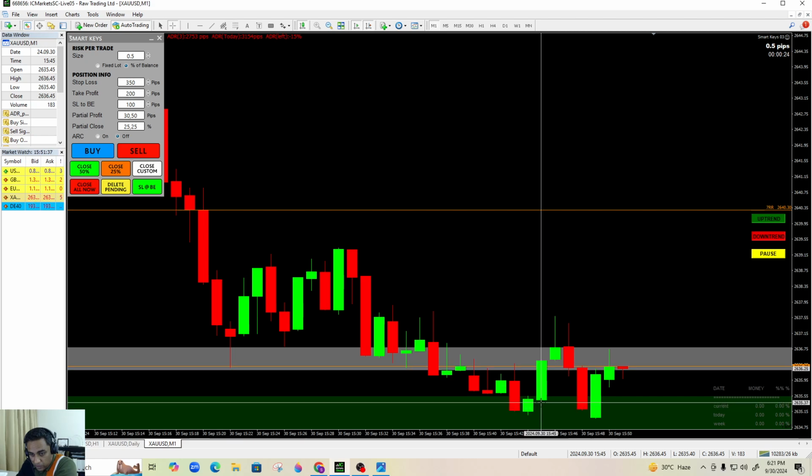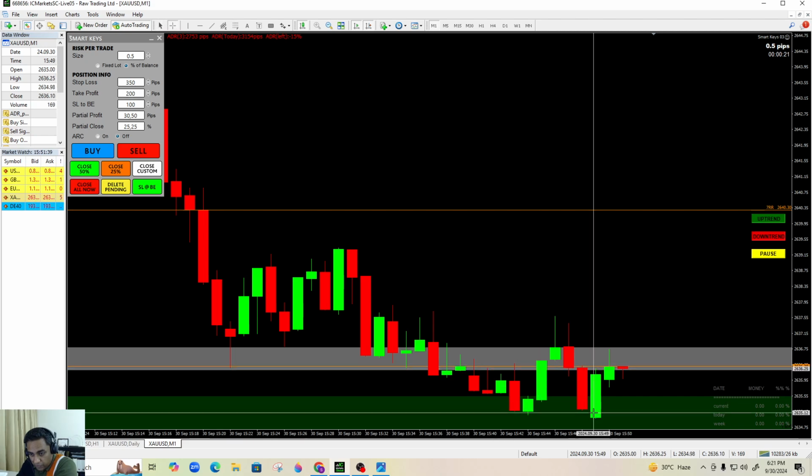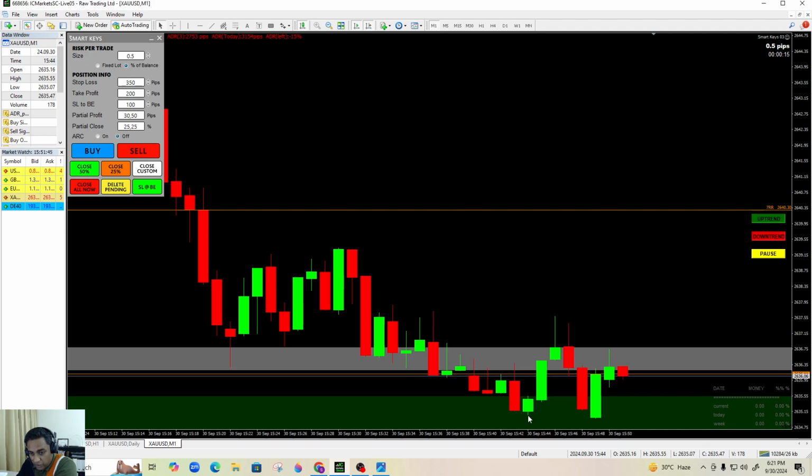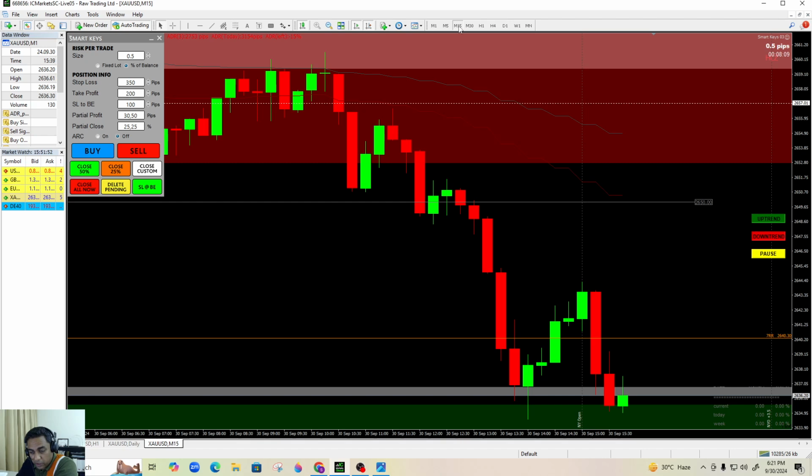And 1, 2, 3, 4, 5. Yeah, within the first 5 minutes, price broke the low. Okay, this is the previous M15 candle low. Within the first 5 minutes, price broke the low. So we should come down. All right, we should come further down.